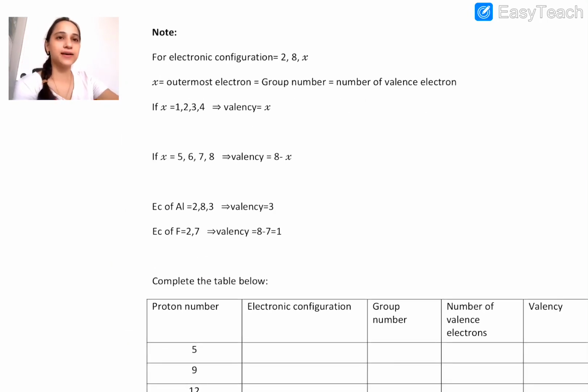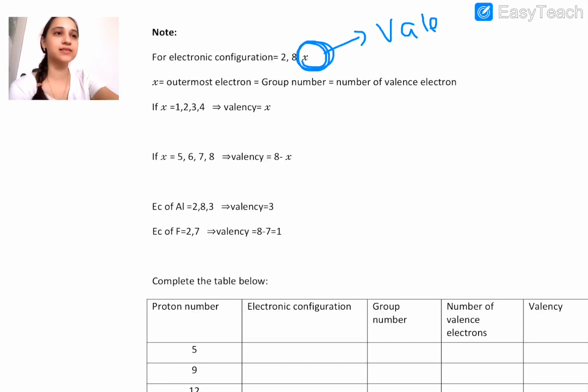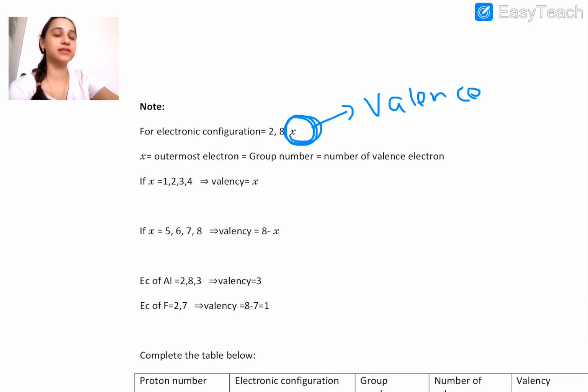Now, this is very important. For any electronic configuration, the last number, that's the valence. That's the electrons in the valence shell. So these are called the valence electrons, and the valence electron will tell you the group number.